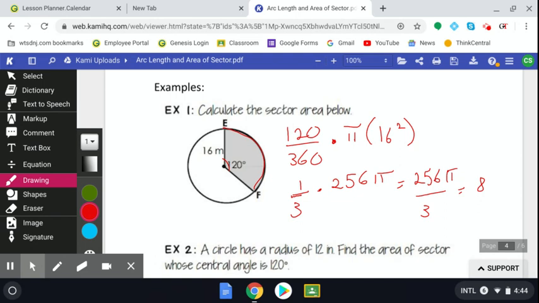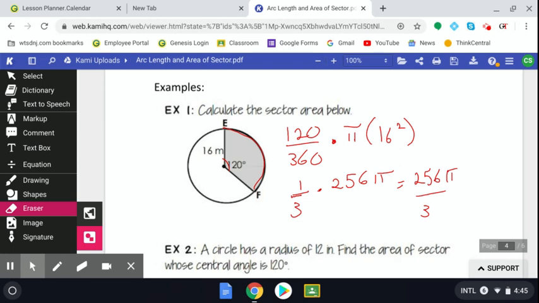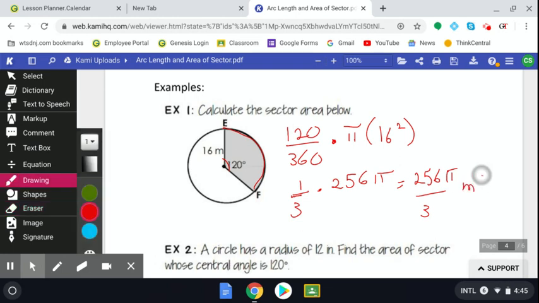I can simplify, but it's not really going to help much unless I give the answer as a decimal. So you can leave it like this, or you can enter your answer as a decimal. And that's going to be square meters, or meters squared.